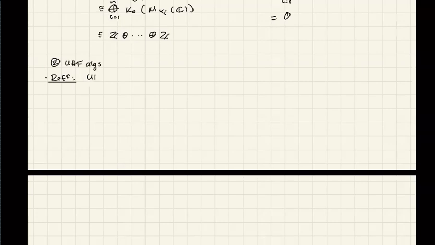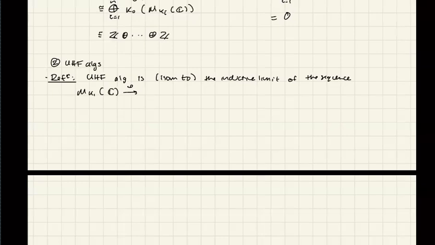So a UHF algebra is isomorphic to, or just is, the inductive limit of the sequence M_{k1}(C) → M_{k2}(C) → ... So I have an inductive limit of a sequence of matrix algebras over the complex numbers.